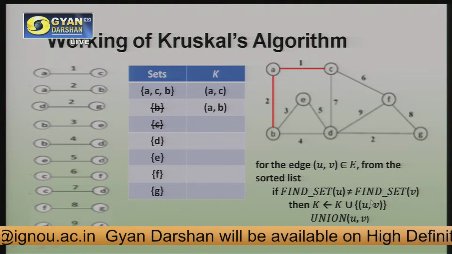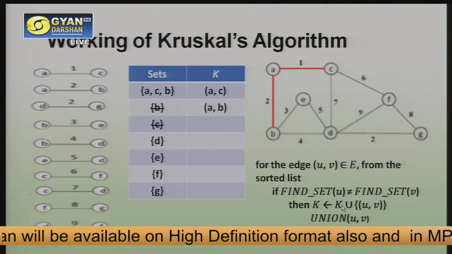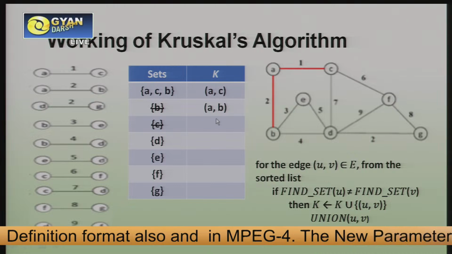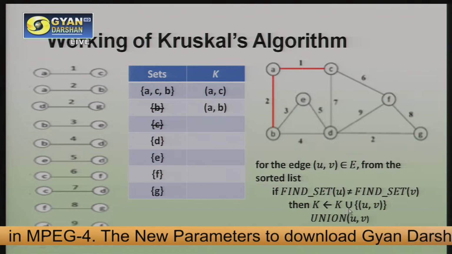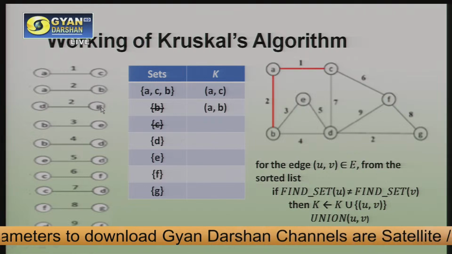So what are we going to do over here? K becomes whatever was the value of K earlier, that is edge AC and edge AB are already there, and we will do union with this particular edge, which happens to be DG.